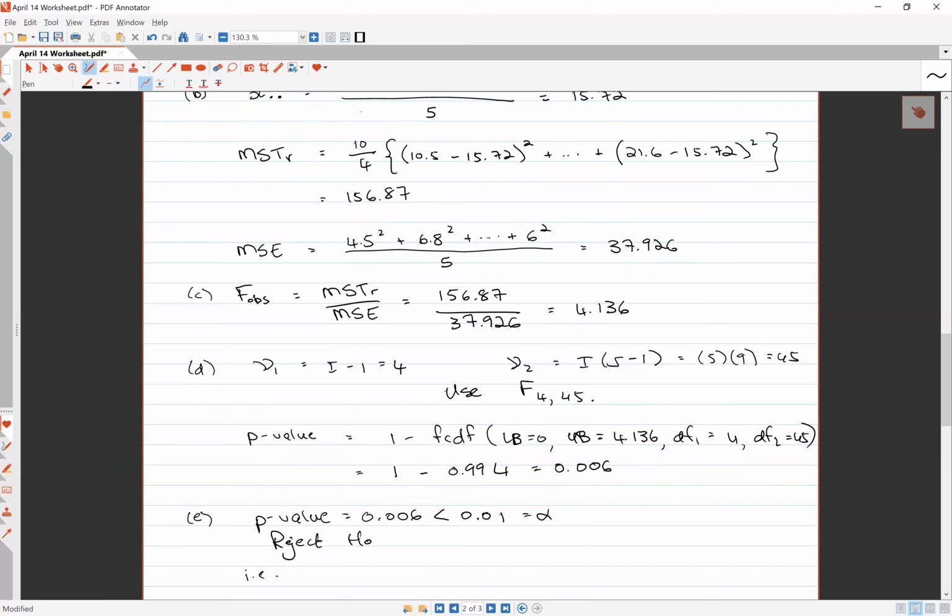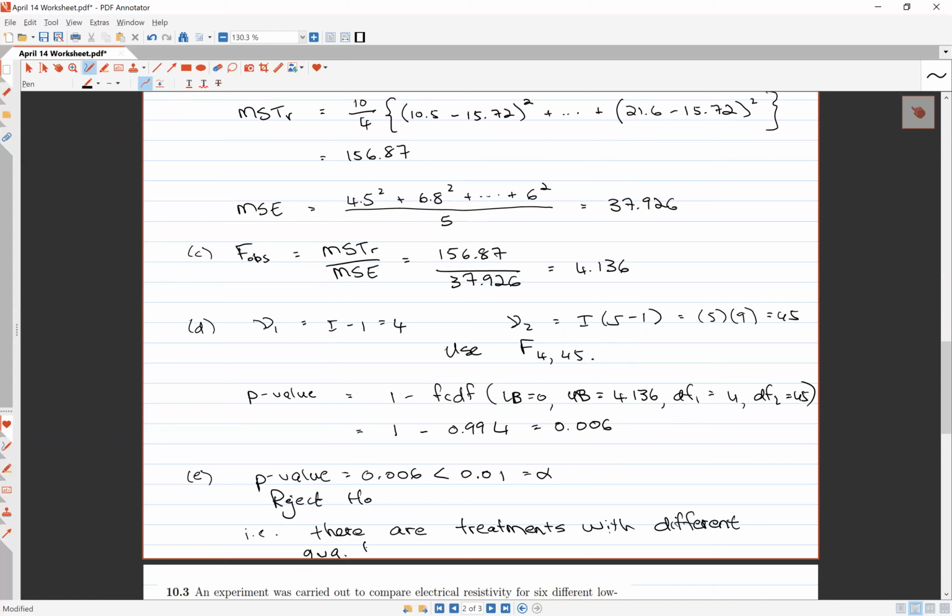In other words, what we can say is that there are treatments with different average bond strengths. Or, I mean, more correctly, I should say, sample evidence is consistent with that.